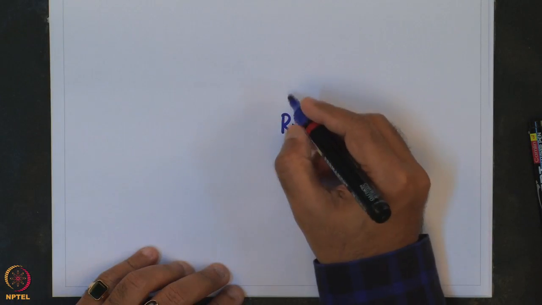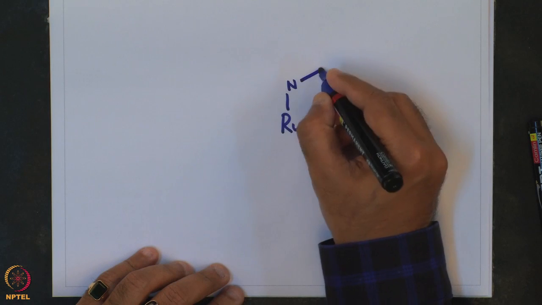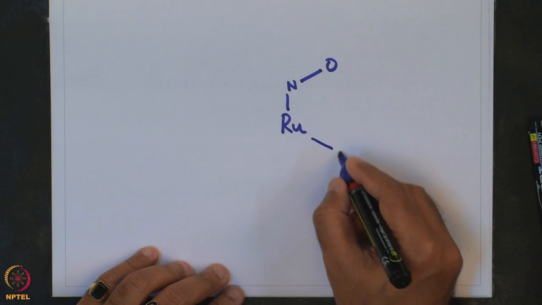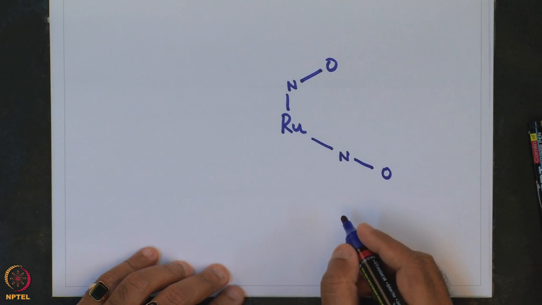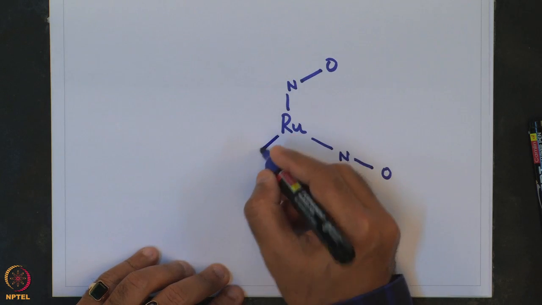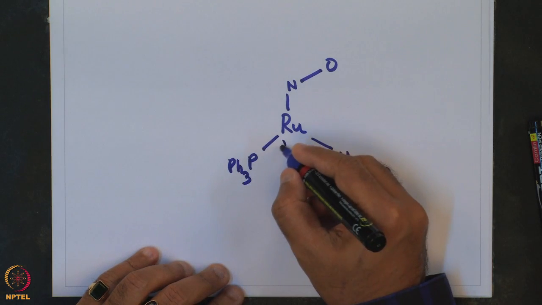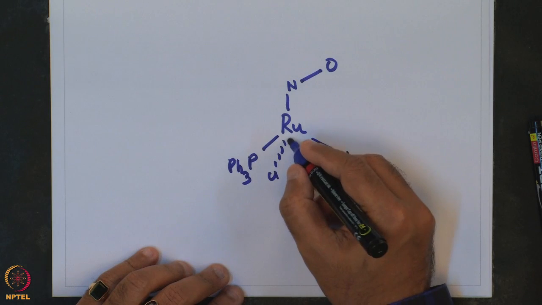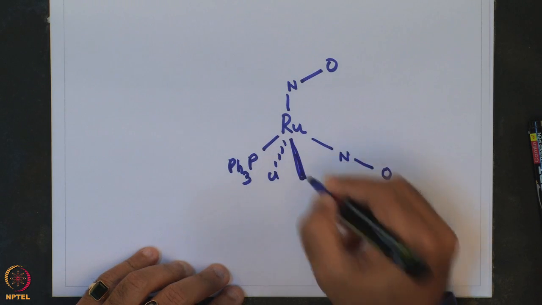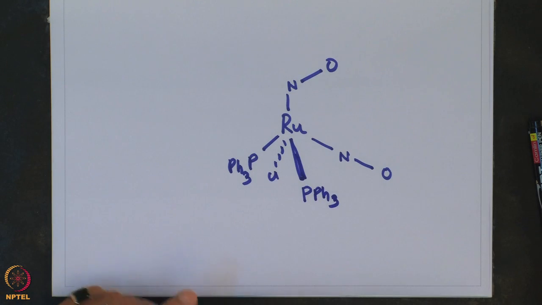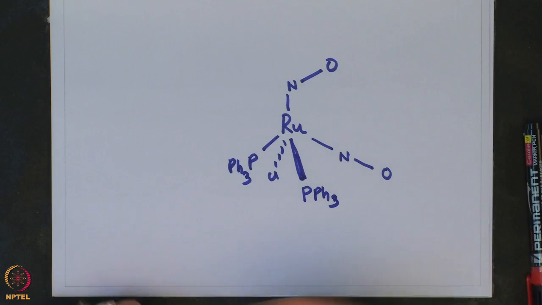So, we will see that here we have a ruthenium complex which has a bent terminal NO and a linear terminal NO, and it has one chlorine and one phosphine. The metrical data are as follows.